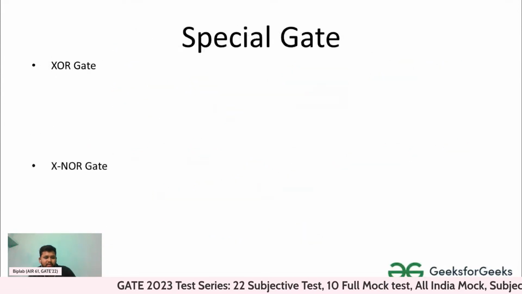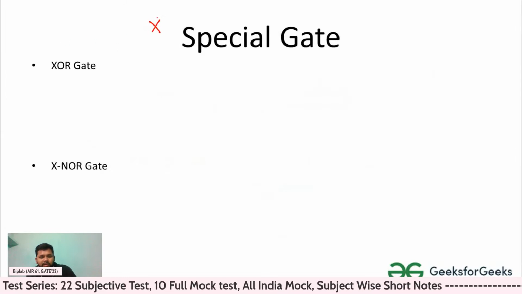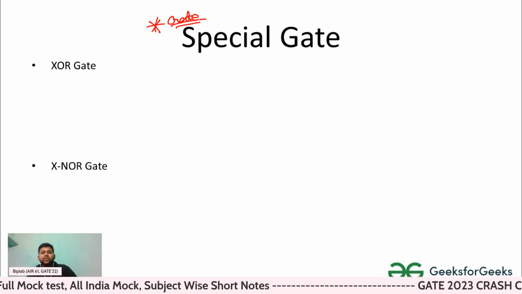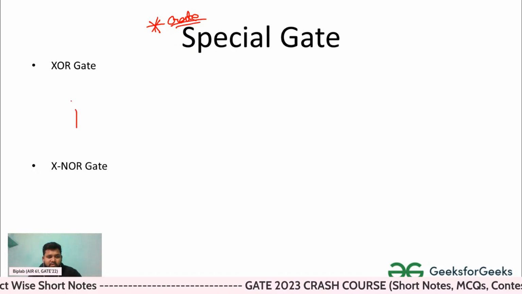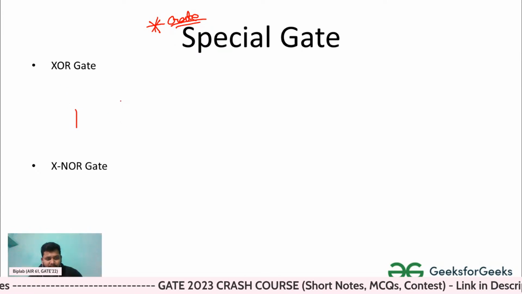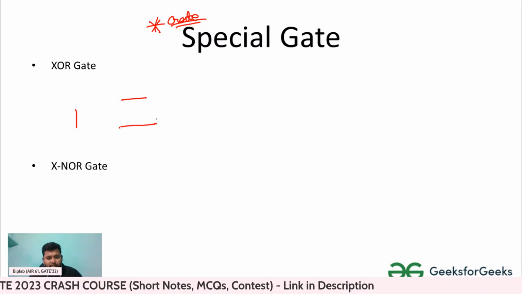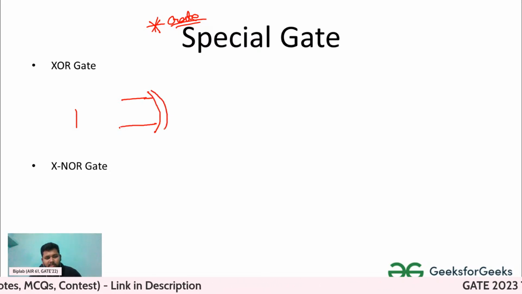Now this is the most important gate for GATE, because many questions come from XOR and XNOR itself. So how does it look? Draw it like this.